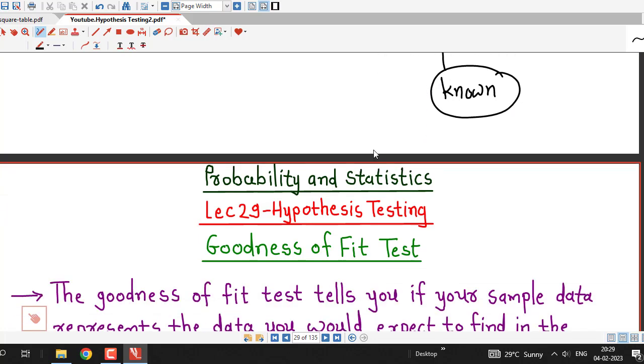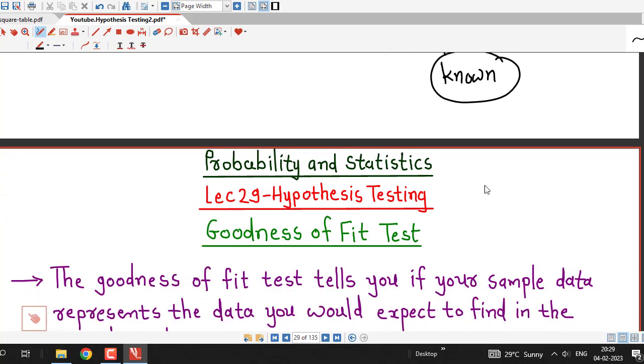Now in the goodness of fit test we don't know the probability distribution of the given population. That is, the probability distribution of the population is unknown, and using the given sample data from that population we have to check what the probability distribution of that population is.